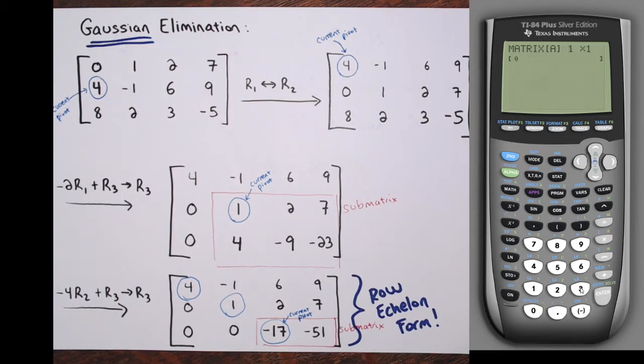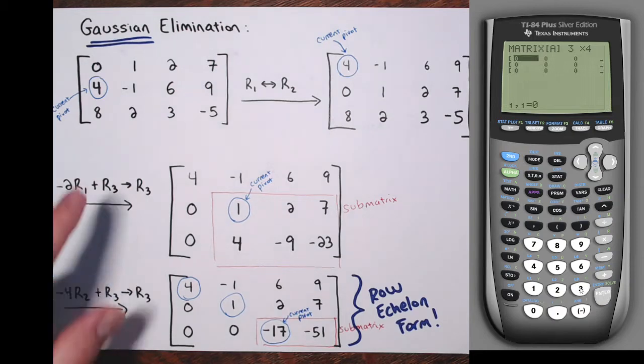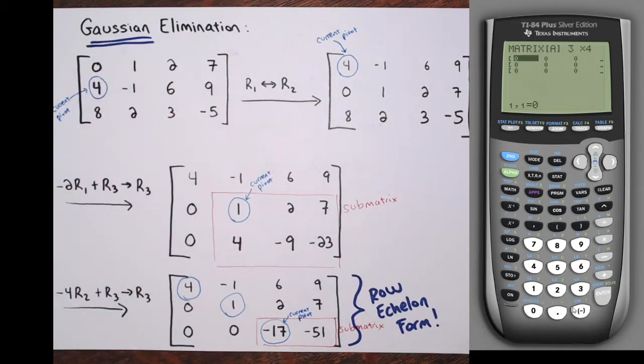So I got to enter the size 3 by 4, 3 rows, 4 columns, and then enter the entries. 0, 1, 2, 7 in the first row. And then 4, -1, 6, and 9 in the second row. 8, 2, 3, and -5 in the third row.